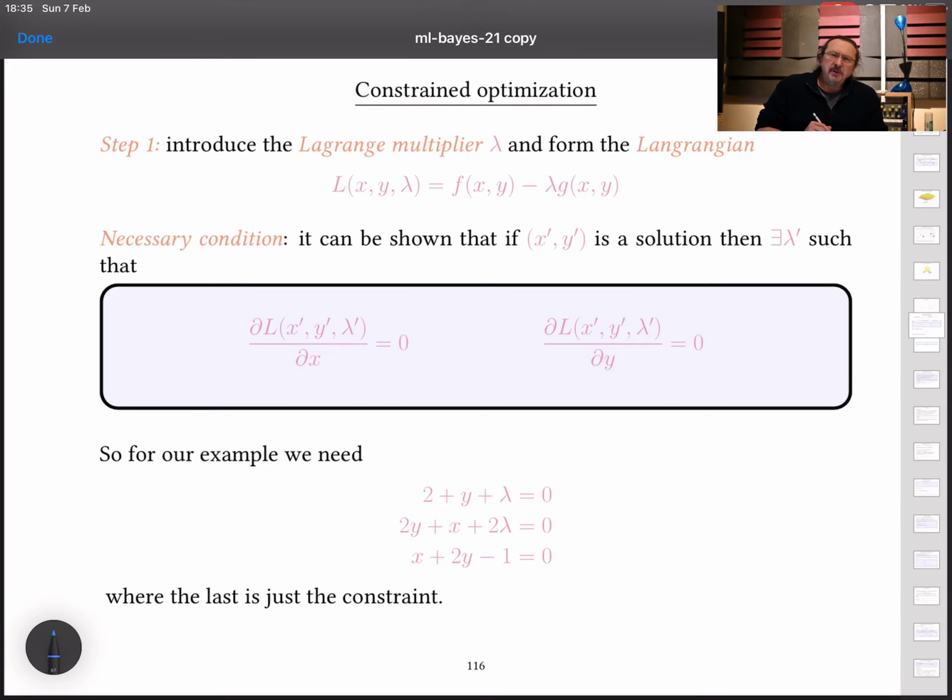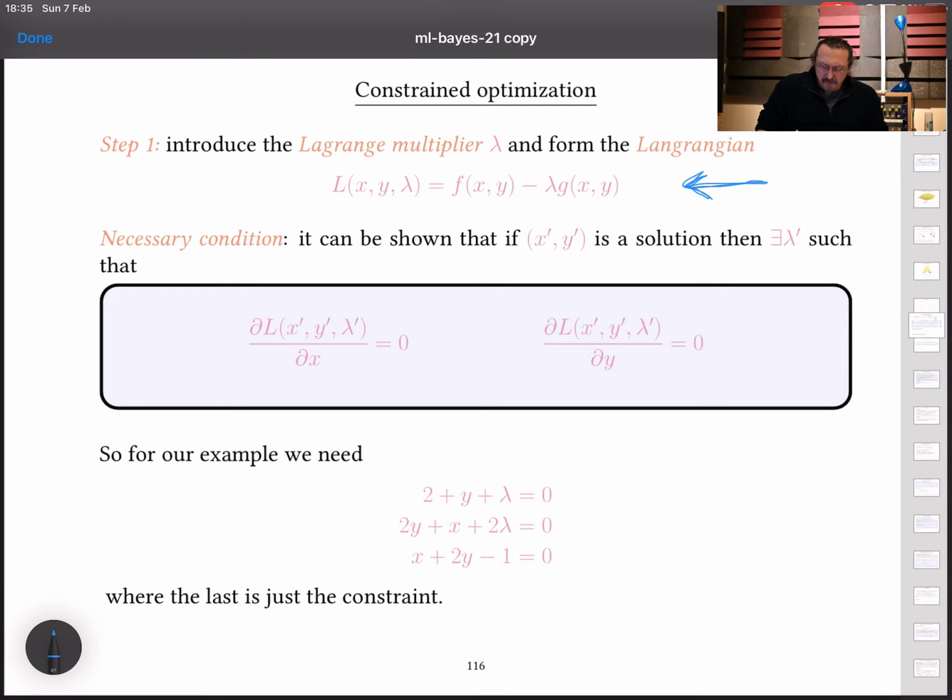The method of Lagrange multipliers says that if you want to solve this kind of problem, you form a Lagrangian, which is the thing you're trying to optimize, minus lambda, which is called the Lagrange multiplier, times the function that describes your equality constraint. And we know then that necessary conditions for the solution are as given in the box here.